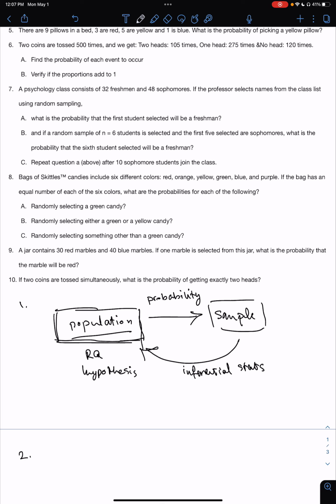Usually we can't conduct analysis on the whole population, so we select a sample out of the population, and then based on our results on the sample, we make generalizations to the population. This relationship from population to sample is described by probability, and the relationship from sample to population is defined by inferential statistics.